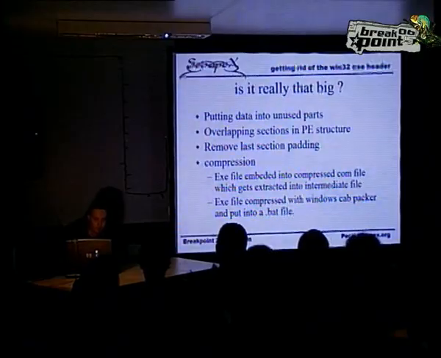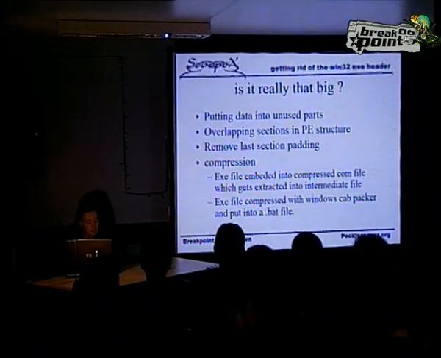But with both versions I had massive problems with compatibility issues, so it only works to some extent. And you could also leave out the padding of the last section. And okay, you're going to compress the exe file anyway.